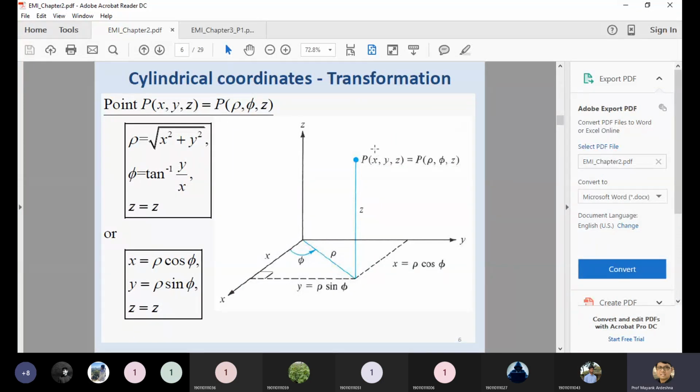The x, y, and z are already given to you, and you have to find out rho, phi, as well as z. Rho is equal to the square root of x square plus y square, phi is equal to tan inverse y by x, and z equals z.